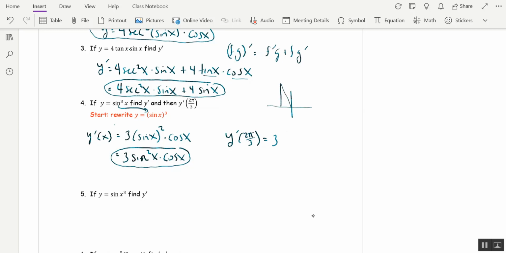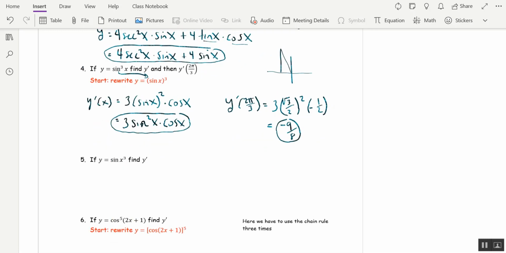Here's 2 pi over 3. So we want root 3 over 2 quantity squared. And then cosine of 2 pi over 3 is negative 1/2. So that's going to be negative 9 over 8. What you wouldn't want to do is write y prime here and y prime here because they're not both y prime. One is a function, one is a number.